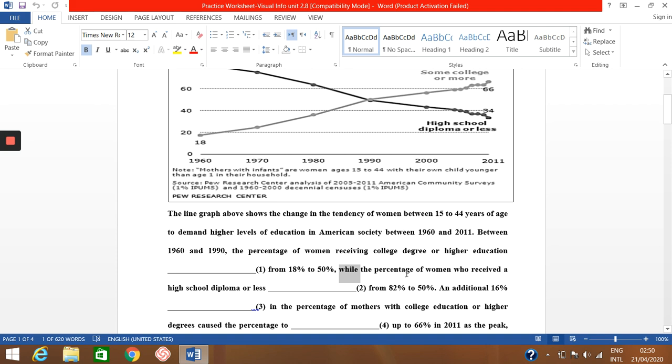While the percentage of women who received high school diploma or less, so in order to avoid confusion, concentrate on the description carefully. So now we are trying to compare the first group here, I mean those with college degree or more, with those who have high school diploma or less.